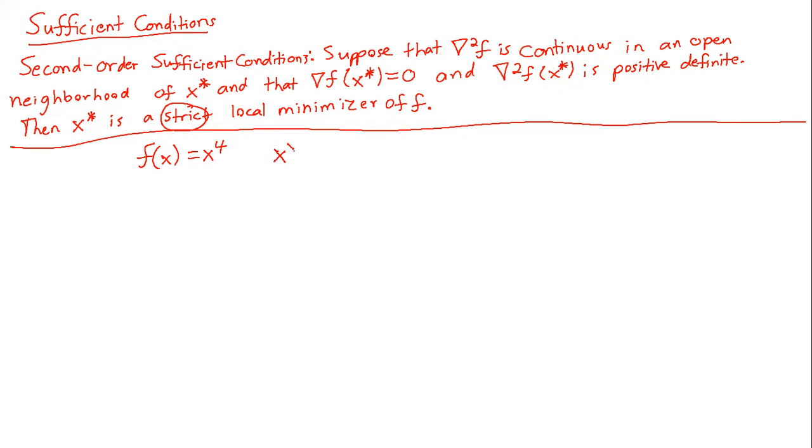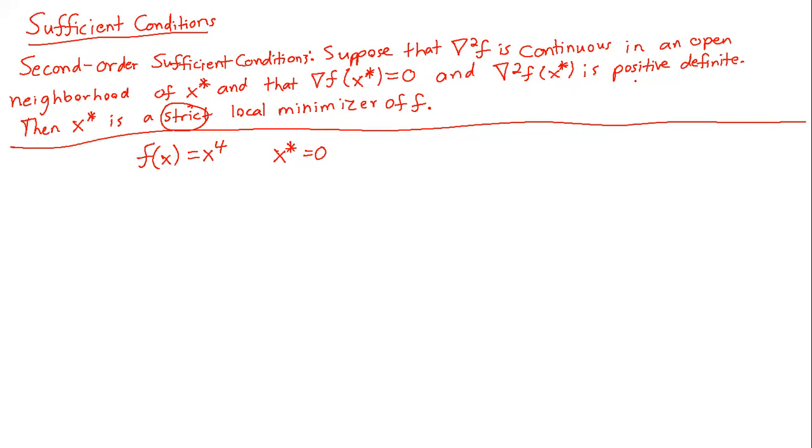And we could look at the point x star equals 0. We know this is a strict local minimizer here, actually. But despite that, the Hessian would be 0 at this point. So that would not meet this requirement where del squared f of x star needs to be positive definite for it to be a strict local minimizer. It doesn't go the opposite direction.